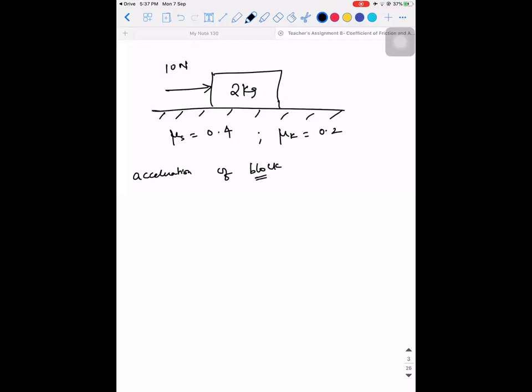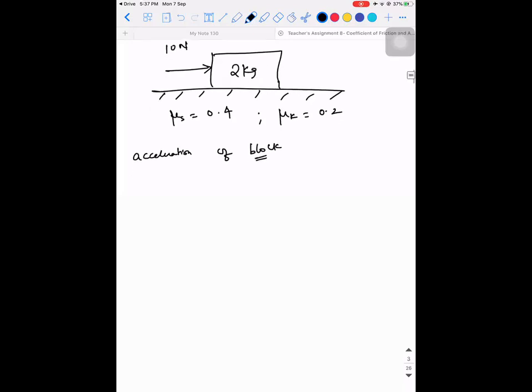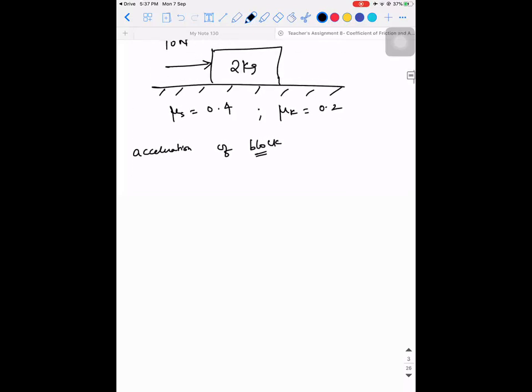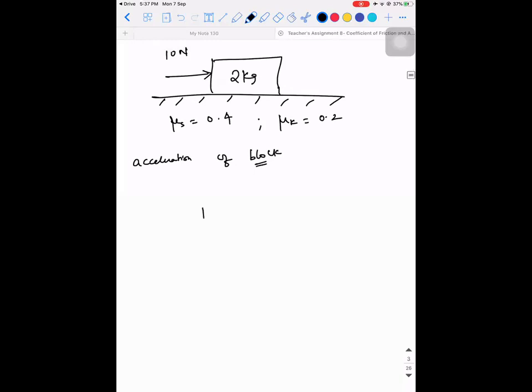Now what will you say? Now how you are supposed to solve this question is, whenever you're solving a problem based on friction, first you have to see the applied force.